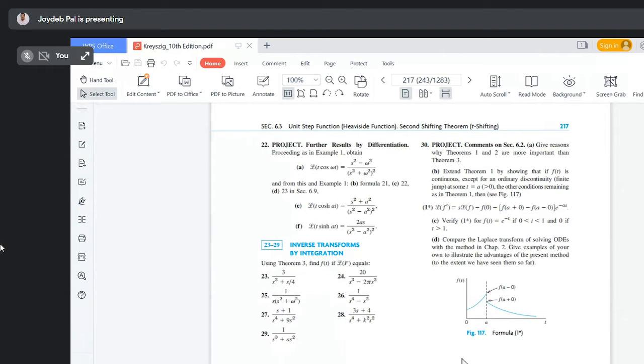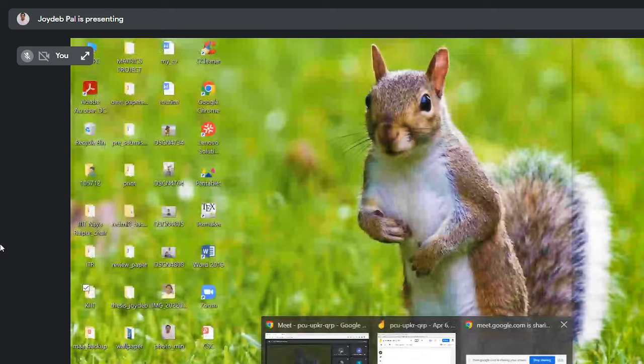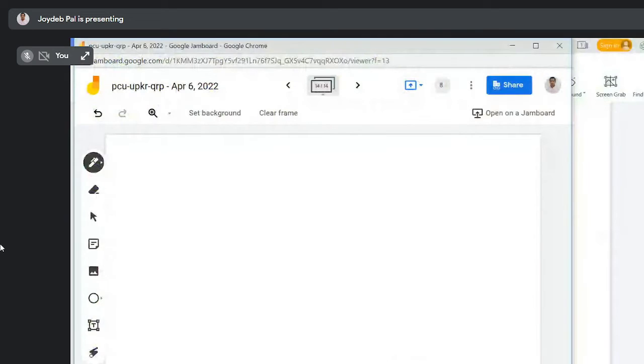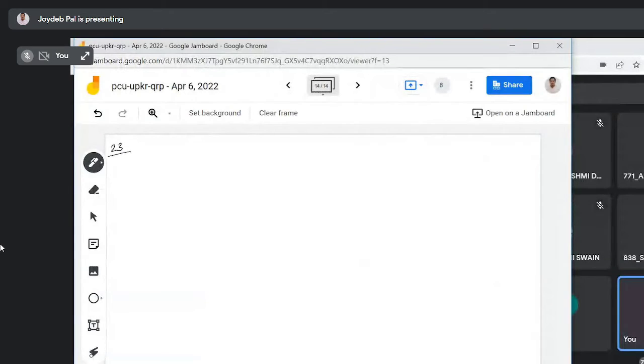So what is the difference here? Say problem number 23: 3 divided by s square plus s by 4. You have to find Laplace inverse of it. How to find it?